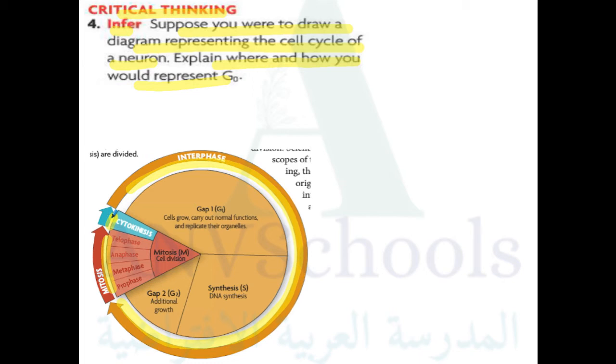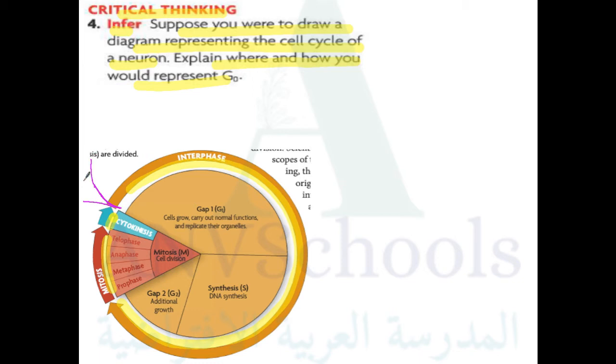So I would expect that the G0 is actually in between here, or after cytokinesis.